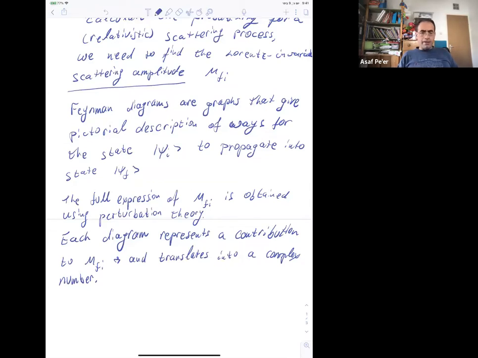Okay, now again, unfortunately in this course, I'm not going to give you the full calculation of how to calculate it using Feynman diagrams, but even without it, I will explain to you how to use the Feynman diagrams. And that's going to be of great use in analyzing possible interactions that can occur.